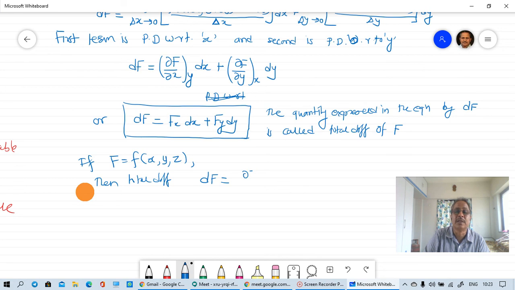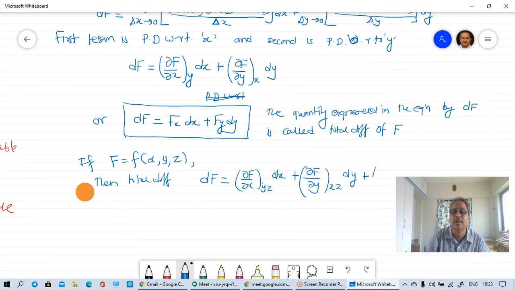First take the partial differential of f with respect to x keeping y and z constant into dx, plus the second term, del f upon del y keeping x and z constant multiplied by dy.